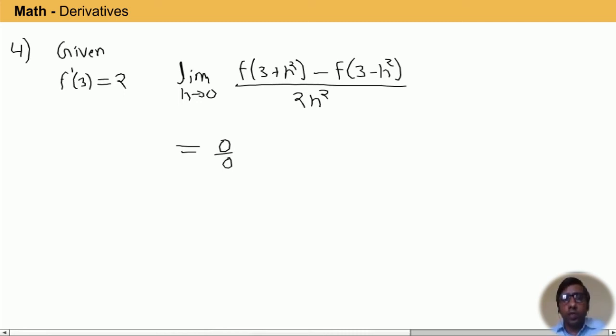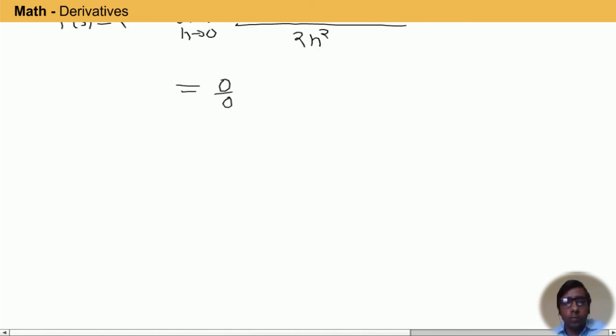So how to start this? Sorry, how we can find the limit of this function? And this function is in the form of f(x) over g(x). So here we can apply L'Hospital rule. According to L'Hospital rule, it says if limit x approaches to c of f(x) over g(x), let me just write the rule over here.